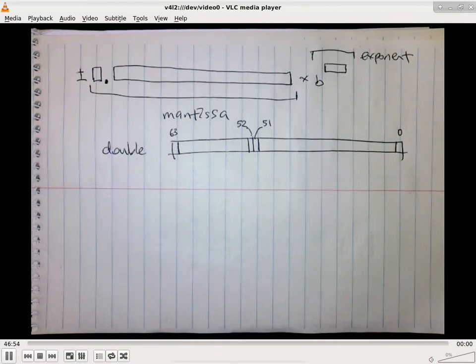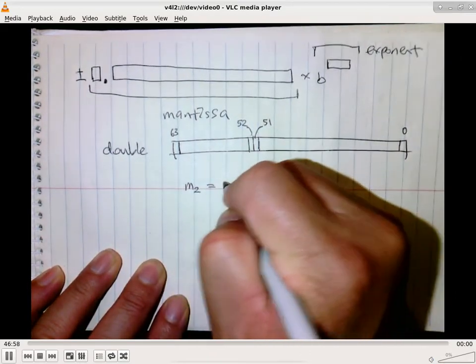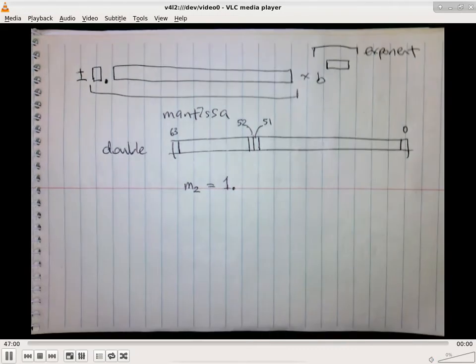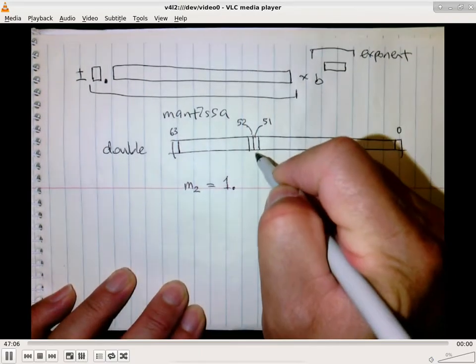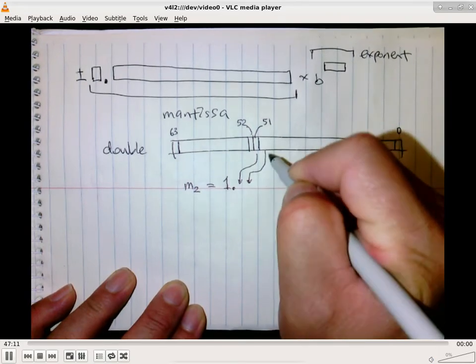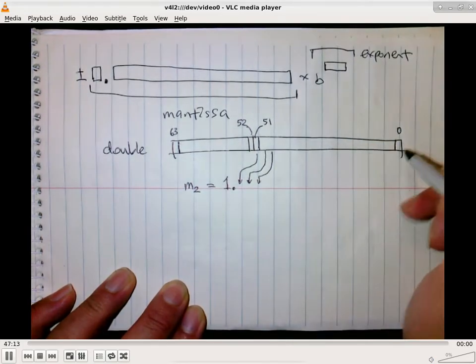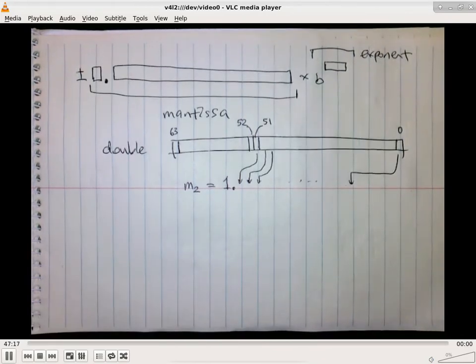The actual mantissa itself, which I will call M2, has a 1 point that is implicit. It's always there. It is not explicitly represented in the double itself. This bit 51 goes here, bit 50 goes here, bit 49 goes here, and so on. And then bit 0 is the smallest one. Is that okay?